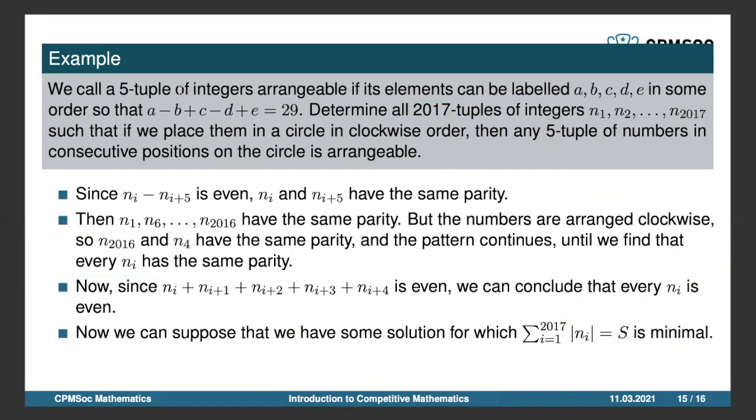Okay, so now we use a new idea, which is called infinite descent. This is again a proof by contradiction idea. What it states is, we can assume a configuration that works that is minimal in some way.